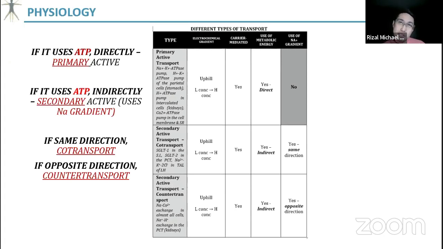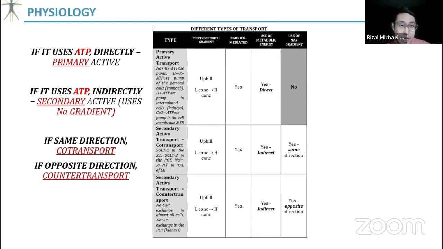However, if the question says the transporter uses ATP indirectly, that's a secondary active transport. Why indirectly? Because secondary active transporters depend on the sodium gradient created by the primary active transport. If it's going in the same direction, it's co-transport. If it's in the opposite direction, it's counter-transport.